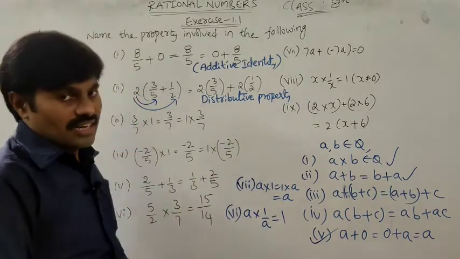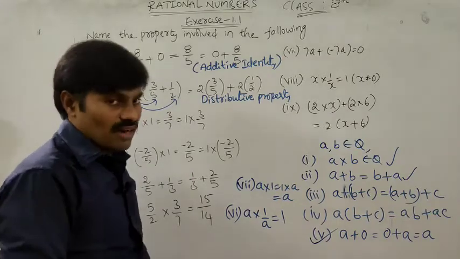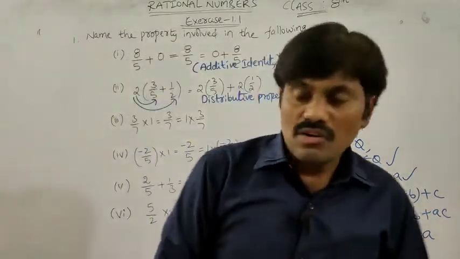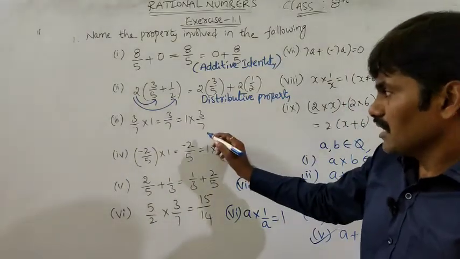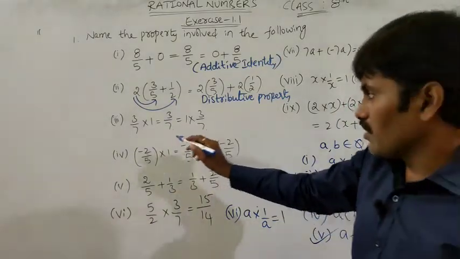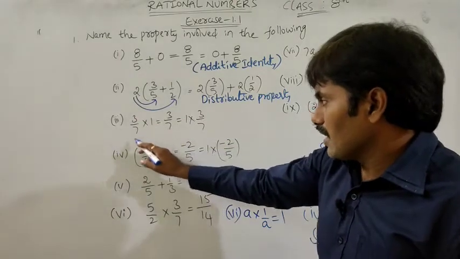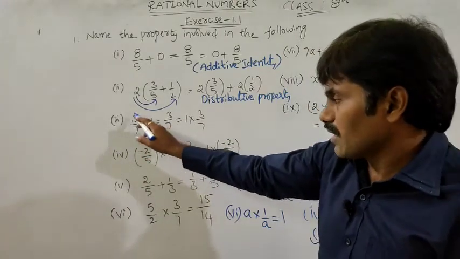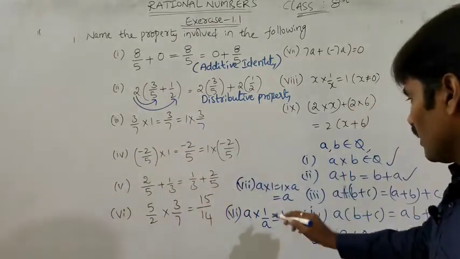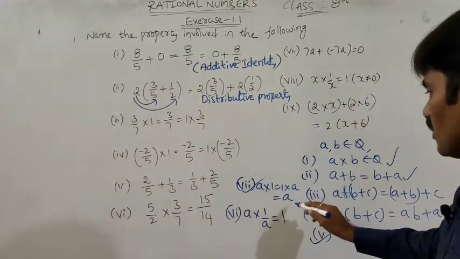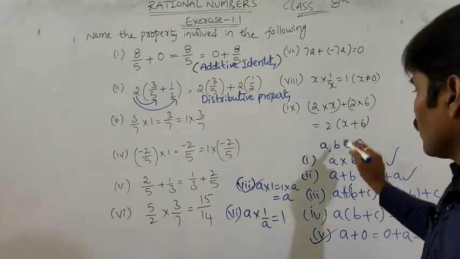Now come to the third example, that is 3 by 7 into 1 is equal to 3 by 7, and 1 into 3 by 7. If you multiply a rational number by 1, we get the same number. So here a into 1 is equal to 1 into a is equal to a, where a is any rational number.